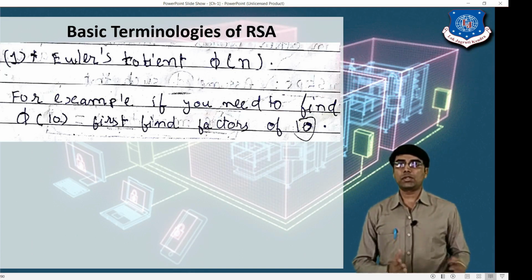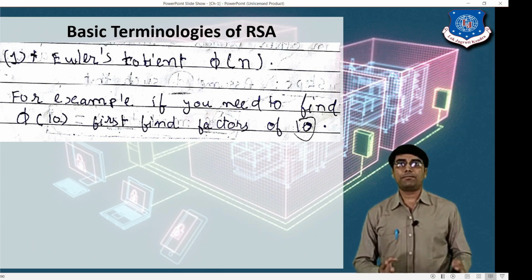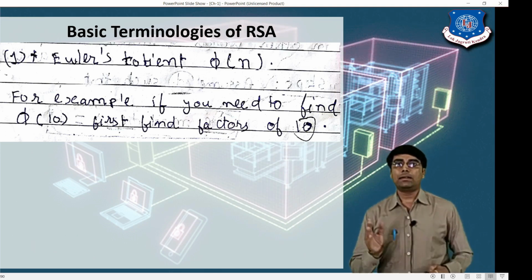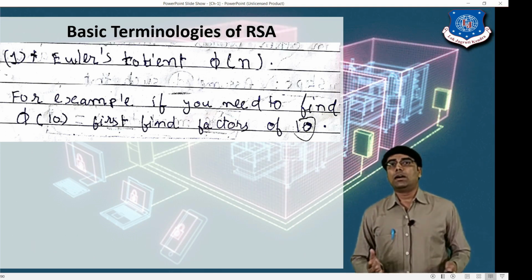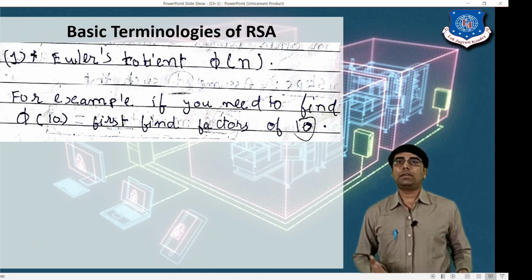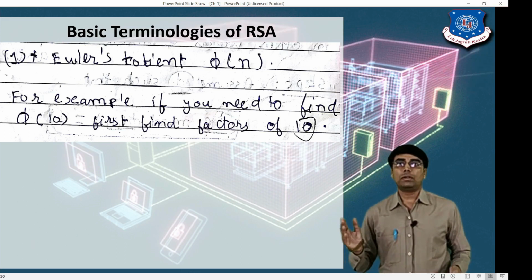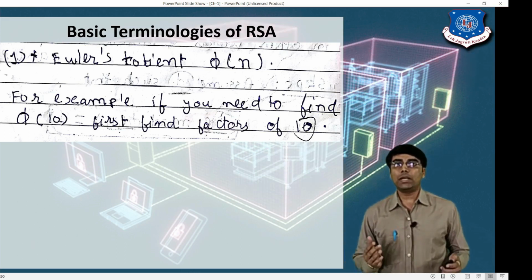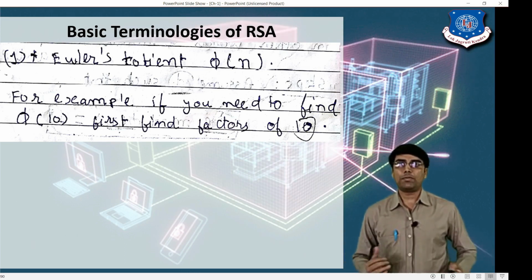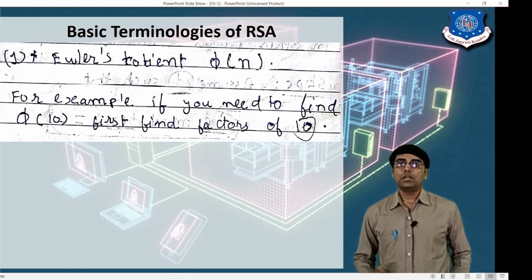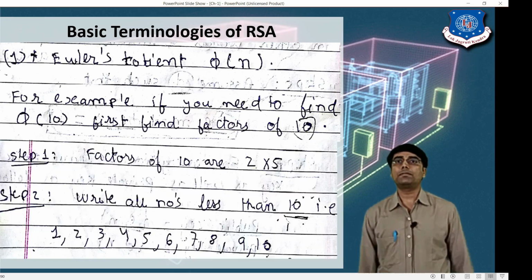Euler's totient is defined as phi of n, where n is any integer number. Let's take an example. If you need to find phi of 10, first find the factors of 10.